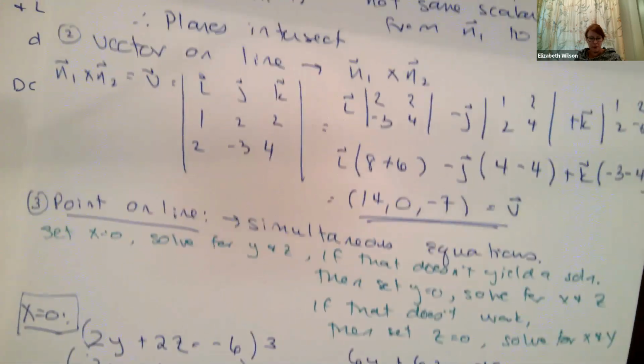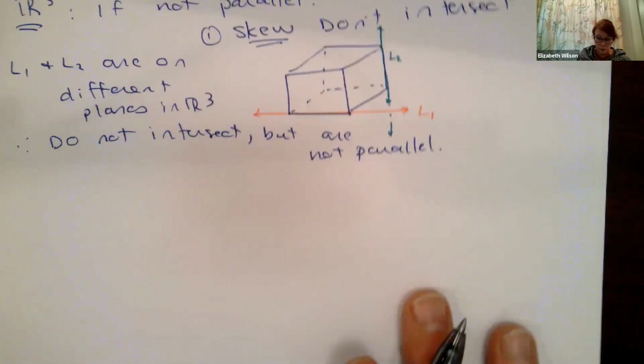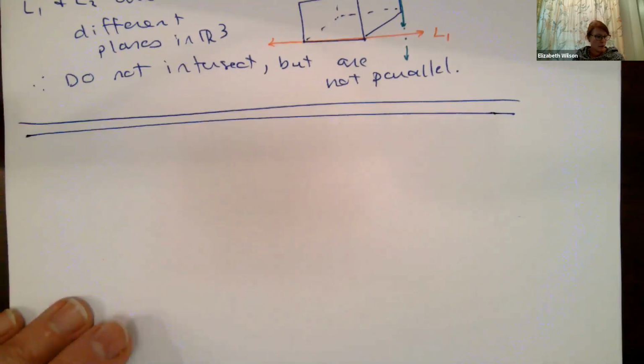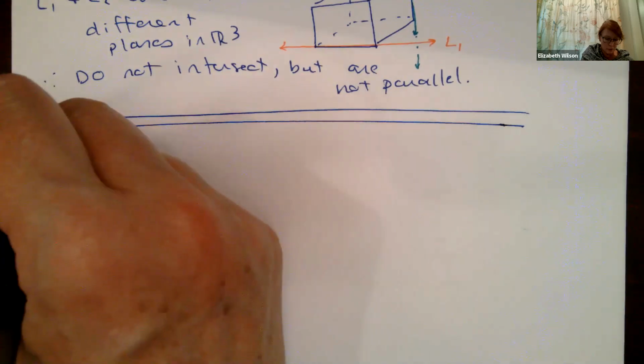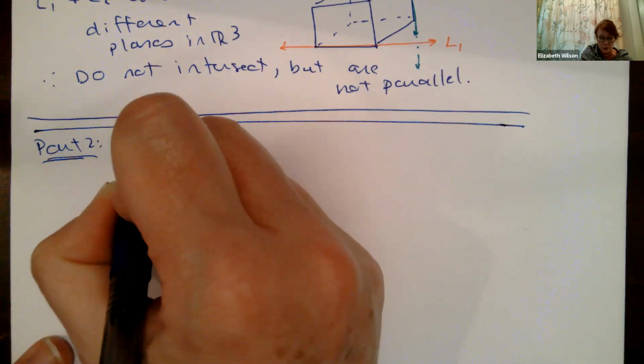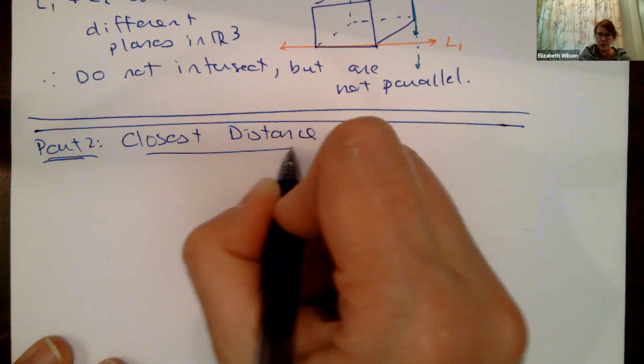So I'm going to talk about our next topic. And this is all still chapter 1.7. It's a big chapter. Really cool stuff. Part 2 is what we call closest distance. This is important, right?